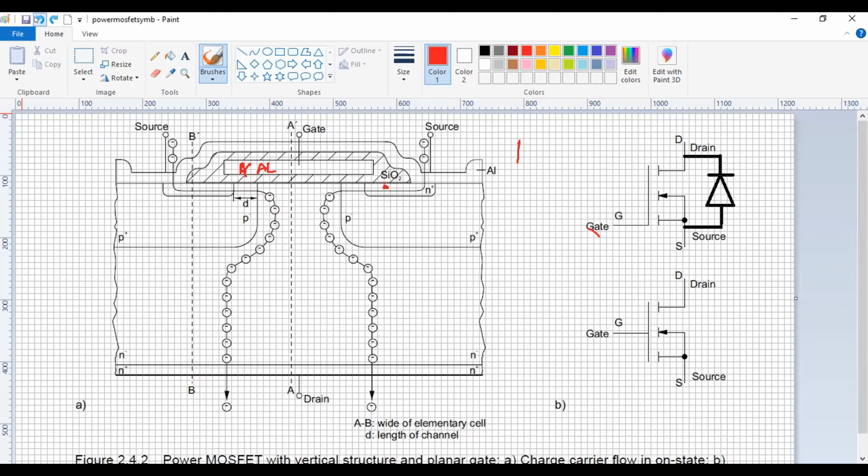Basically I want electrons to flow from the source, through this P region, and then down into the drain. Obviously they can't cross because this is reverse biased.